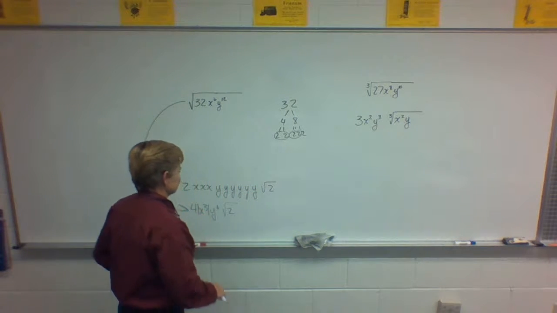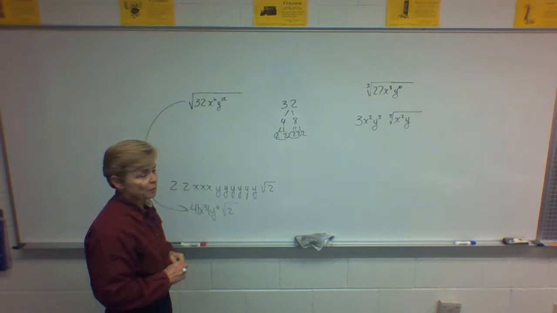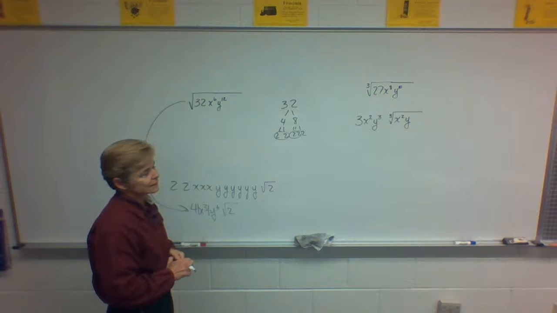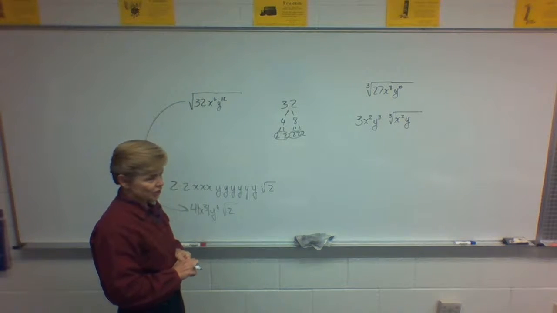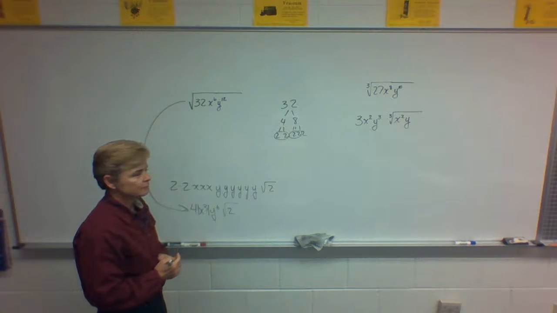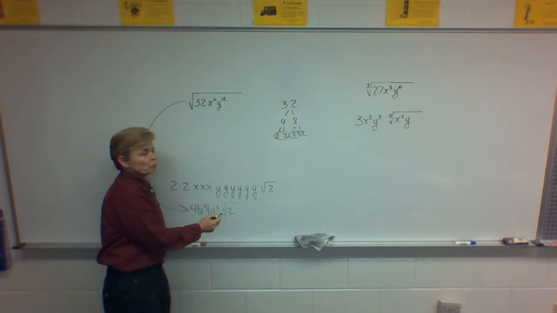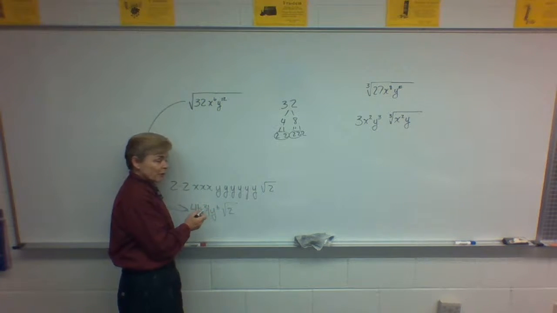Okay, the rule is this. If you want to memorize something or write it down at the top of your paper, if you don't want to think it through every single time, this is what we've learned here. If you pull out an odd power from an even root, absolute value.